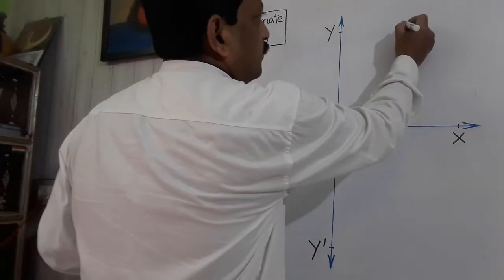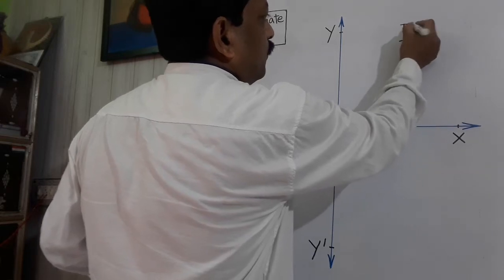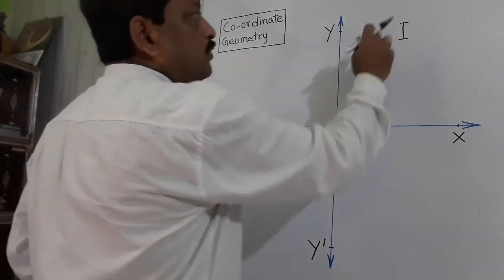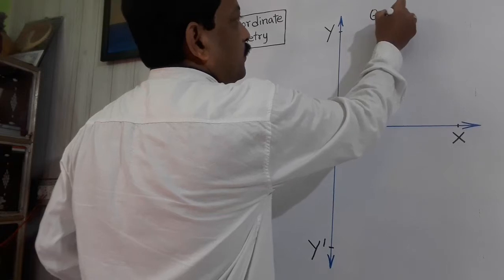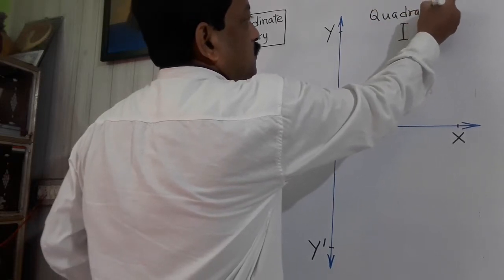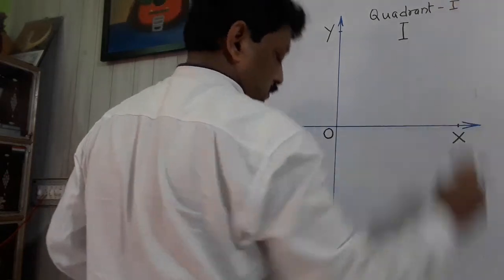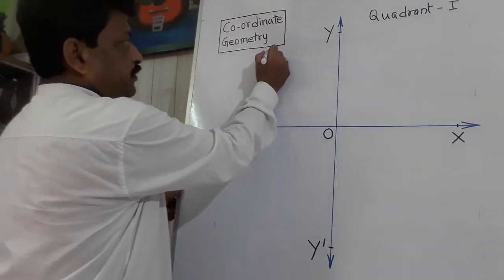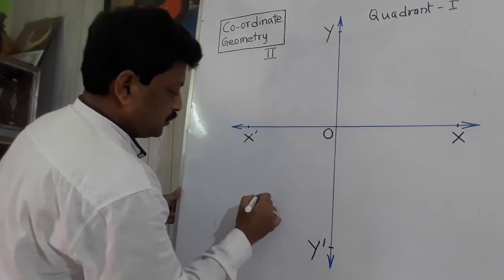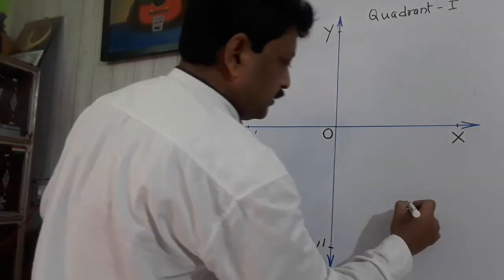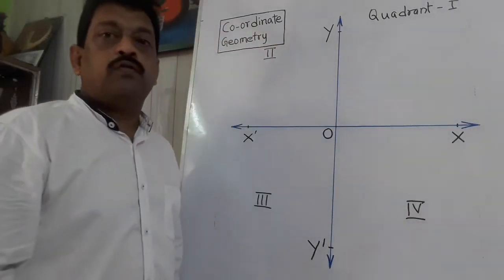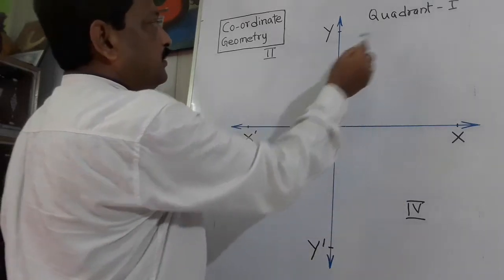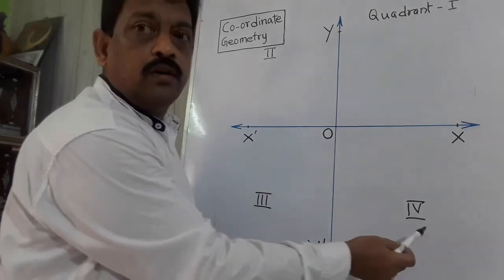This is known as the first region, and each region is known as a quadrant. This is quadrant 1, this is quadrant 2, this is quadrant 3, and this is quadrant 4. That means we have to move in the anti-clockwise sense.